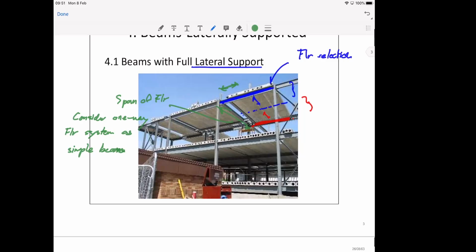You will know how many pieces you're going to have to order to fill the width here. And let's say the span of the floor may not fit your need. You can always ask the manufacturer to cut the floor to the length that you want, especially when you order in a large amount. Is there any question about the floor system?